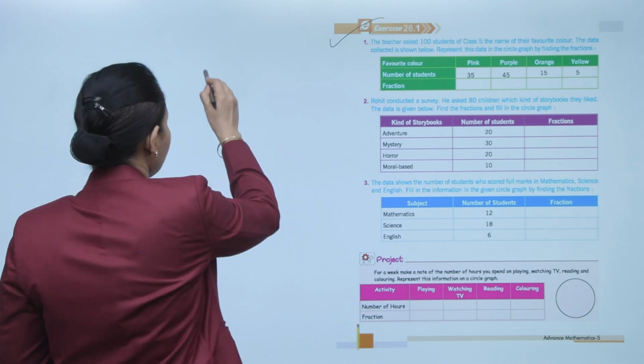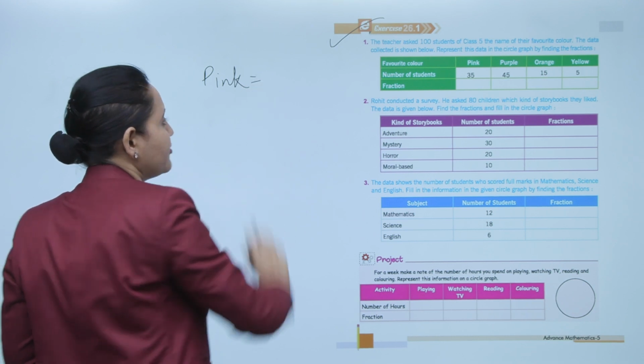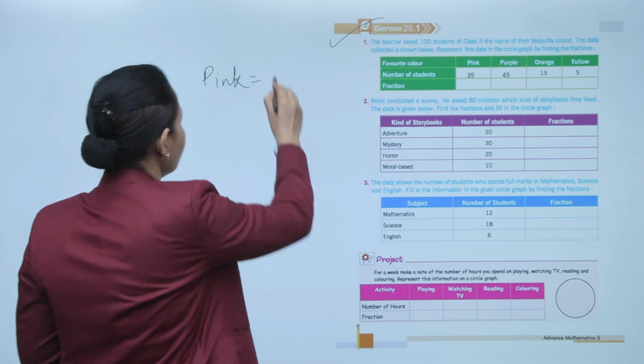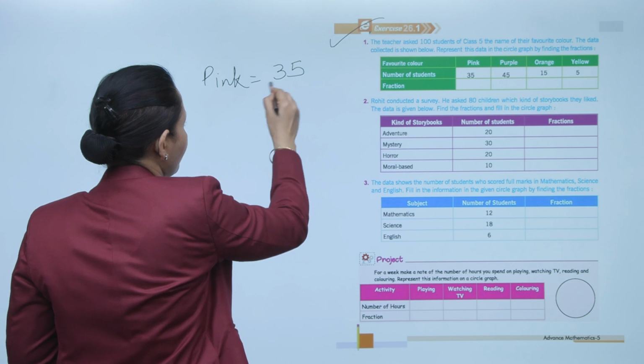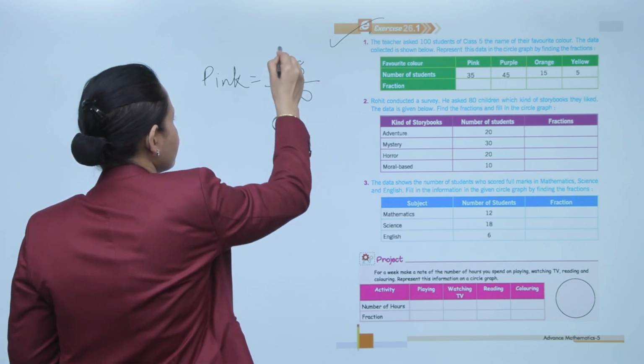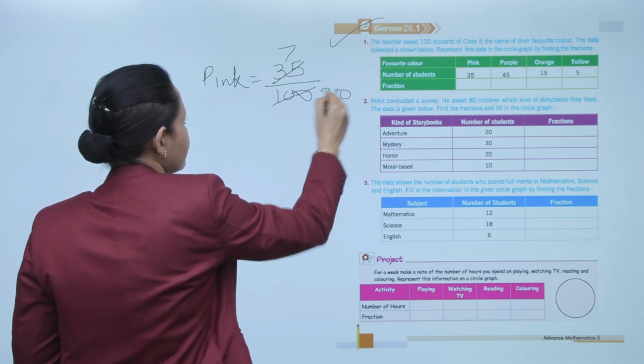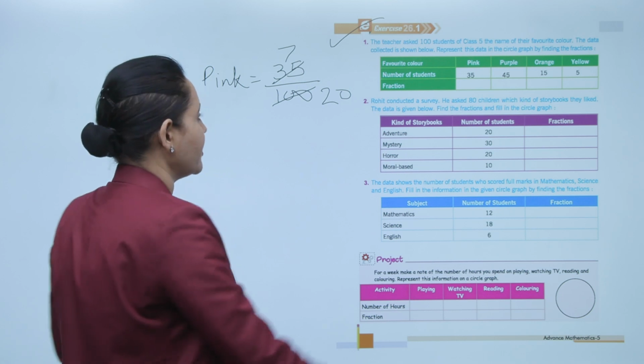So first we will find out fraction. For pink, out of 100, 35 like pink. So fraction is 35 upon 100, seven by 20.